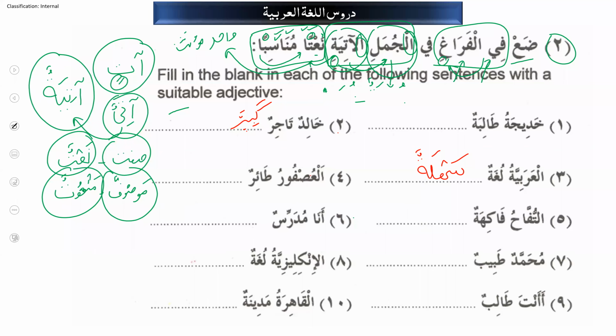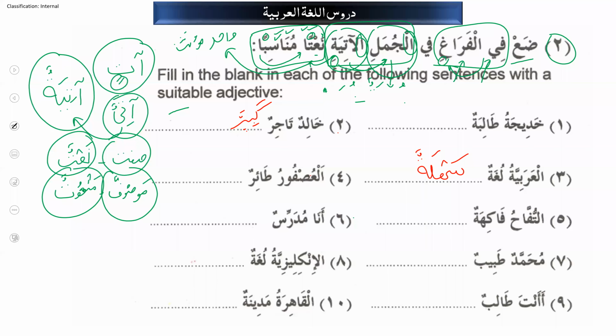Al-usfuru ta'irun. The bird is flying high. Just bring an adjective. Flying is not an adjective.